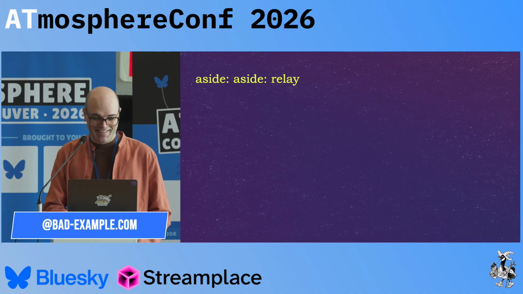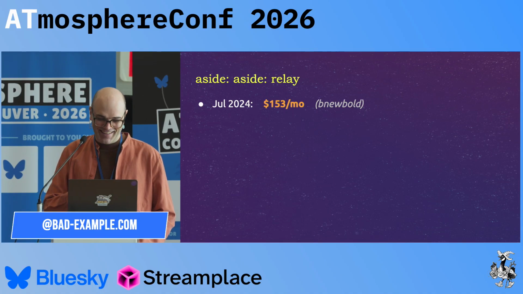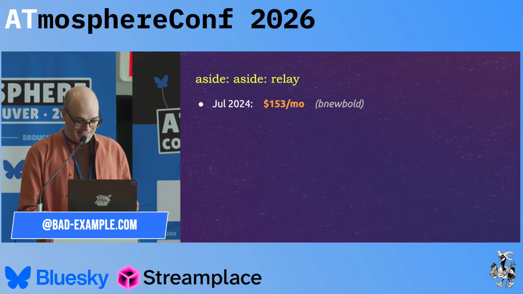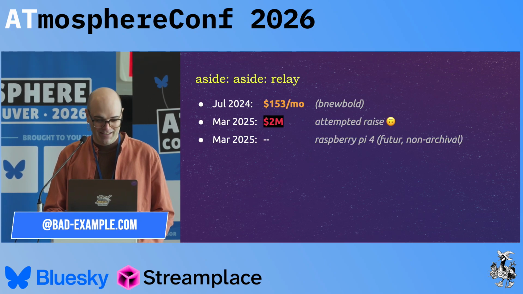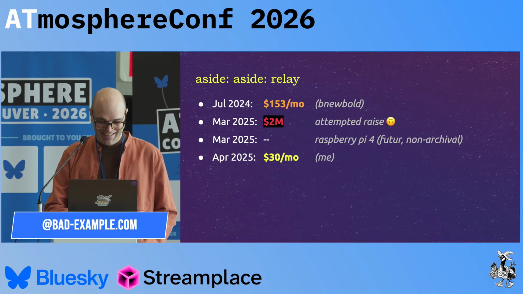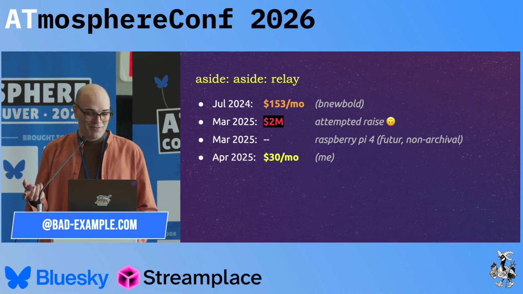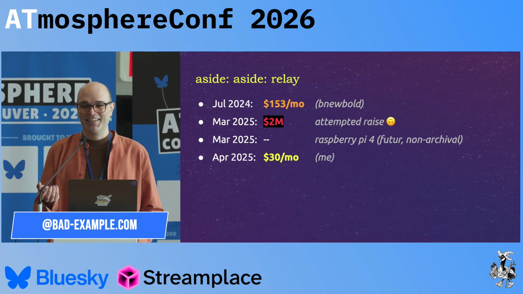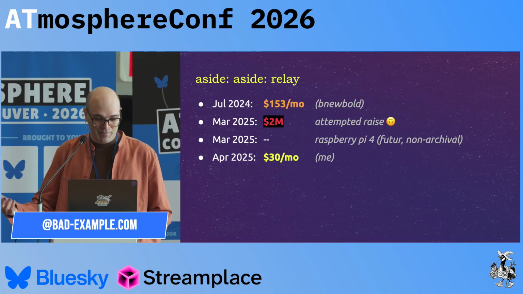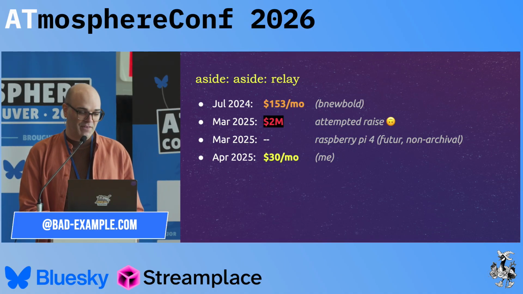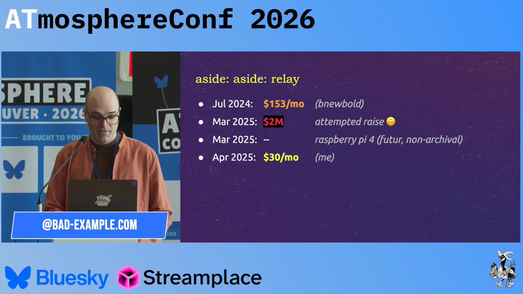Since I mentioned relays, we had that $153 a month in 2024. Last year at the conference, there was somebody trying to run $2 million to run a relay. We can skip past that. Future ran it on a Raspberry Pi after that because non-archival relays, so not what I'm doing with Hubble, are cheap. I got one up in the cloud for $30 a month.